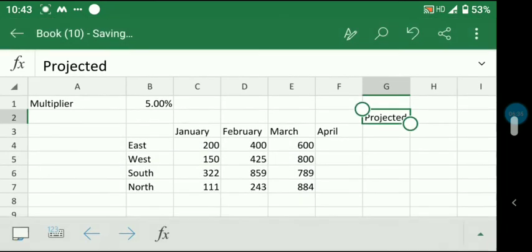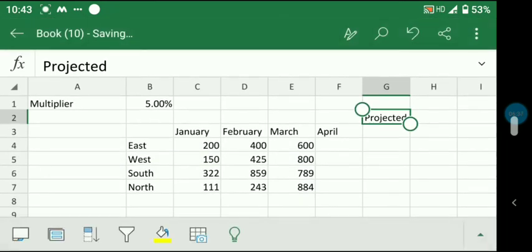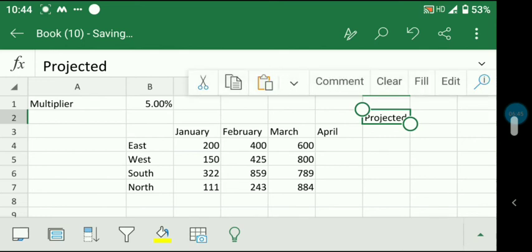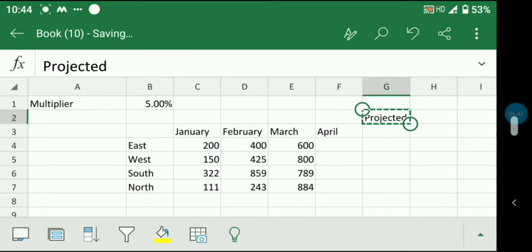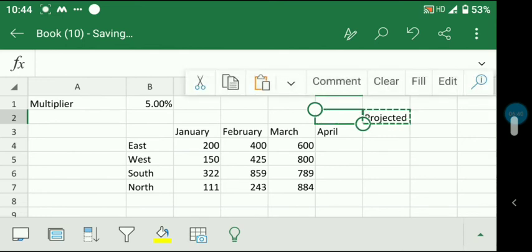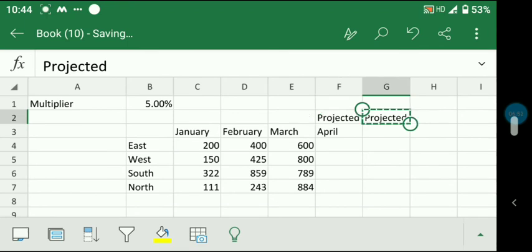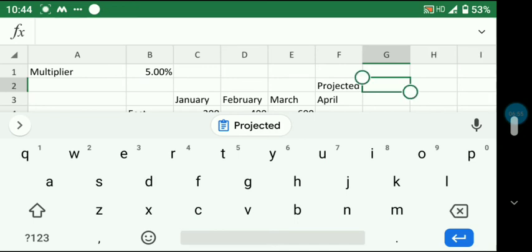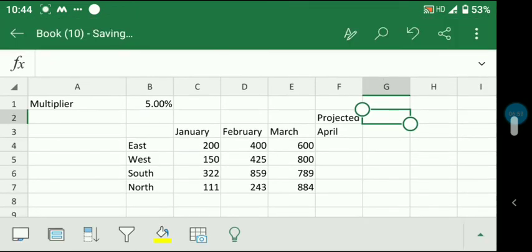I have written the projected part for April, and we need to apply the formula for it.